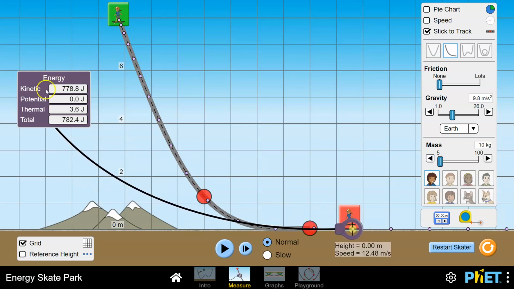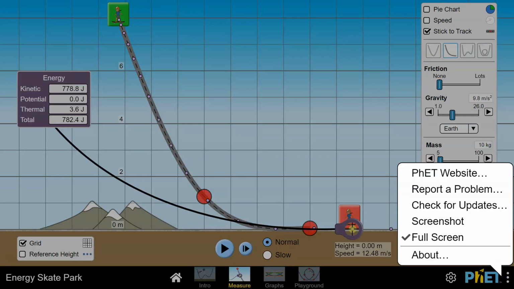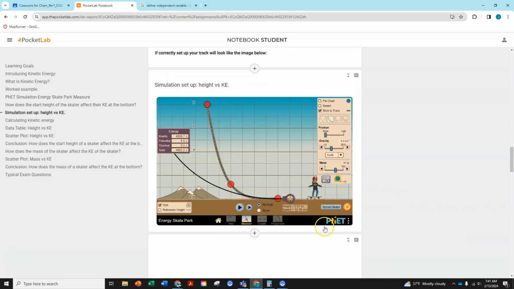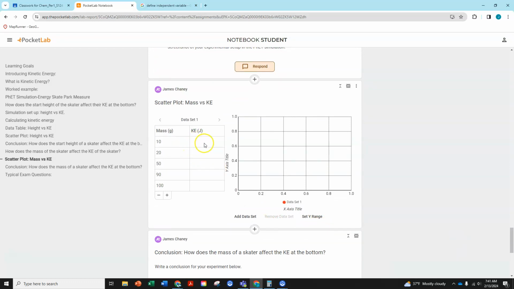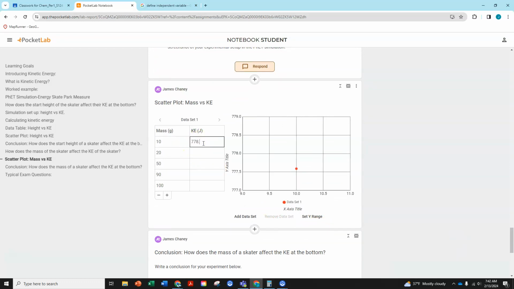And we can see that our kinetic energy at the bottom was 778.8. 778.8.